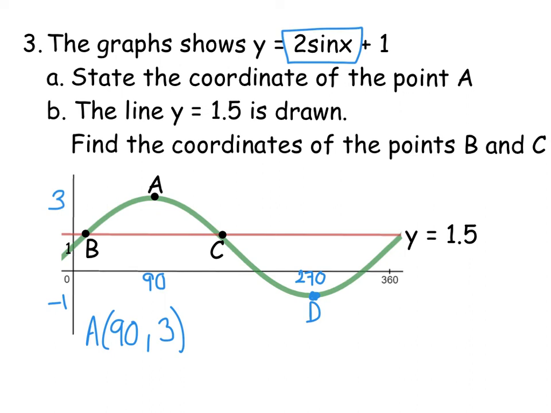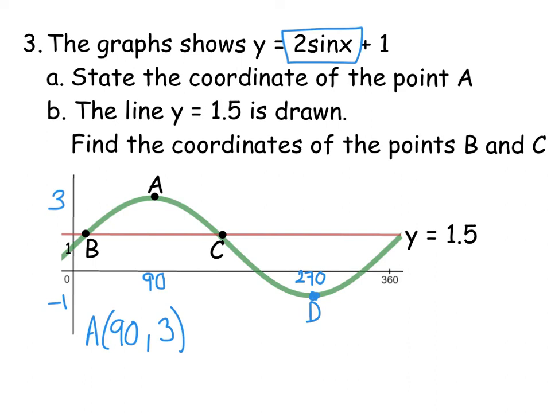So let's look at part B. Part B says we've got a line, this red line here is the line y equals 1.5. Using that, we have to find the coordinates of the points B and C. So B and C are literally where the graph cuts with the line. So B and C are both occurring along something up 1.5.